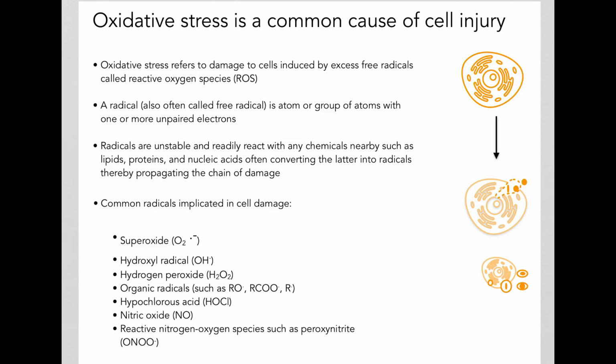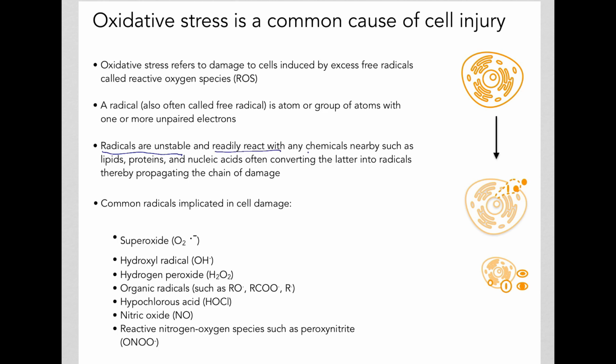Recall from your chemistry that a radical, which in biology and medicine we often call a free radical, is basically an atom or group of atoms with one or more unpaired electrons. Radicals are unstable and very reactive.